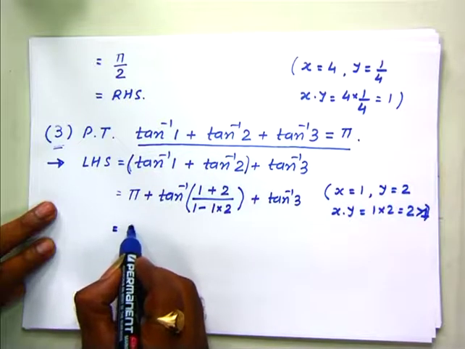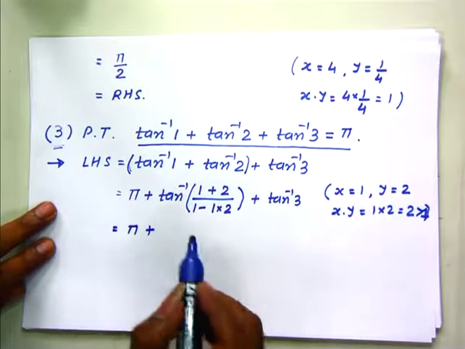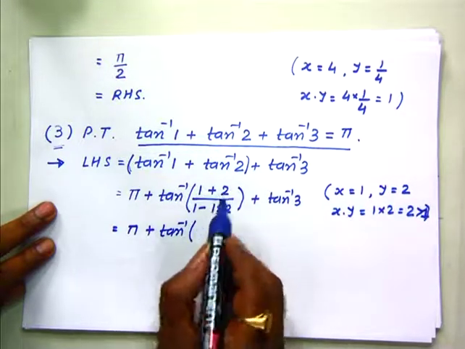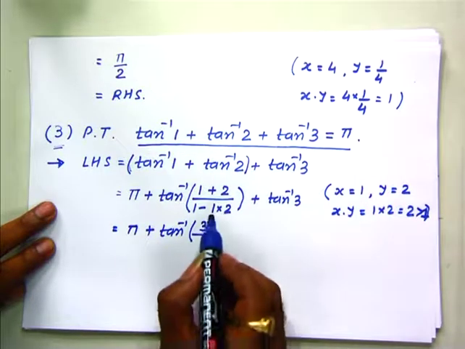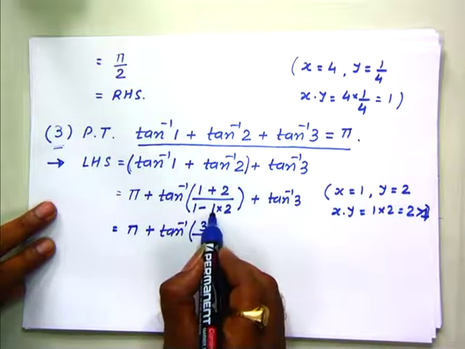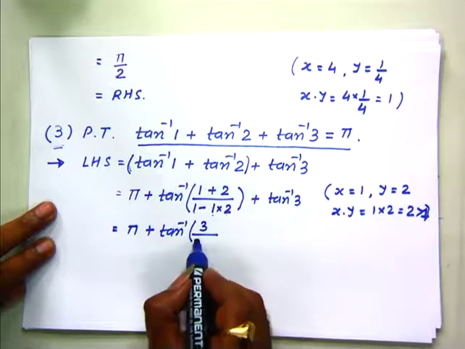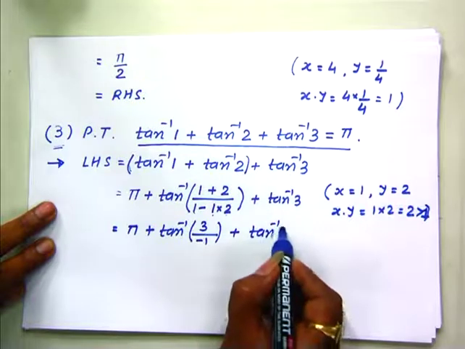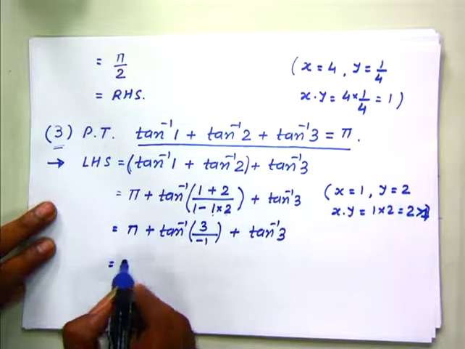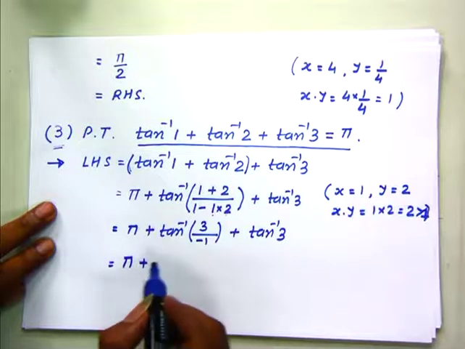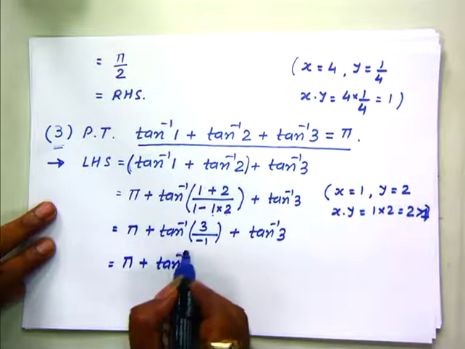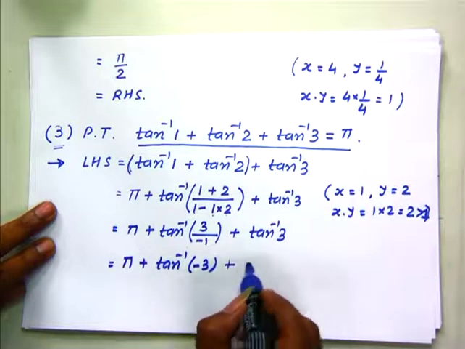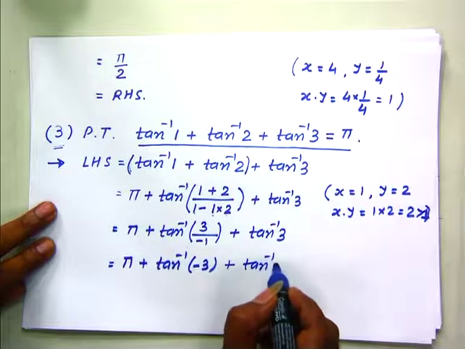Now this is equal to pi plus tan inverse 1 plus 2 is 3 upon 1 into 2 is 2 and 1 minus 2 is minus 1, plus tan inverse 3. This is equal to pi plus tan inverse minus 3, 3 upon minus 1 is minus 3, plus tan inverse 3.